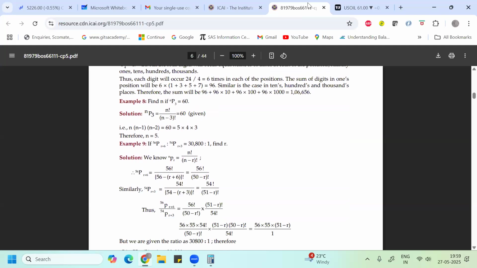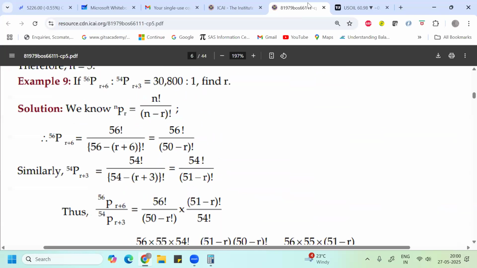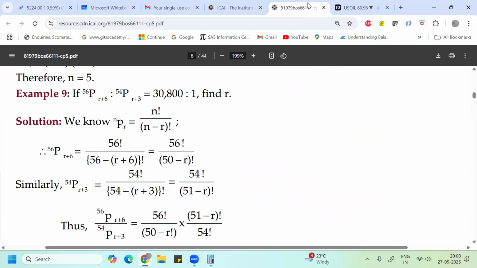Try to solve these questions by yourself, like example 9. Try to solve 56P(r plus 6) divided by 54P(r plus 3) is equal to 30,800.